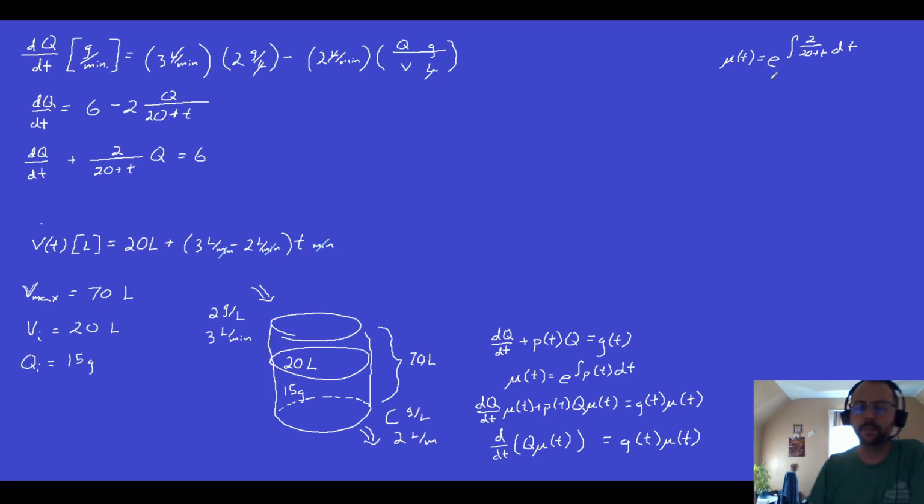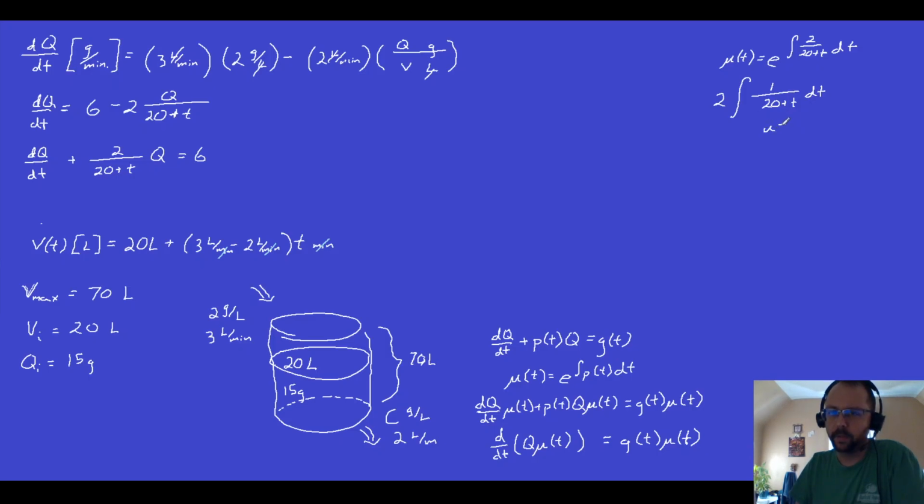I'm not going to rewrite everything every single time, but let's just simplify this integral. So we have 2 times the integral of 1 over 20 plus t dt. We want to use u. Yeah, u equals 20 plus t, du equals dt. So we have 2 times the integral of 1 over u du.